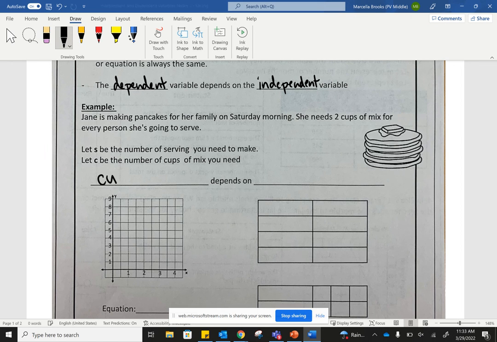So cups of pancake mix depends on the servings we need, or how many people are going to come. So I'm going to say servings you need. So this is the IV, and this is the DV, or dependent variable.